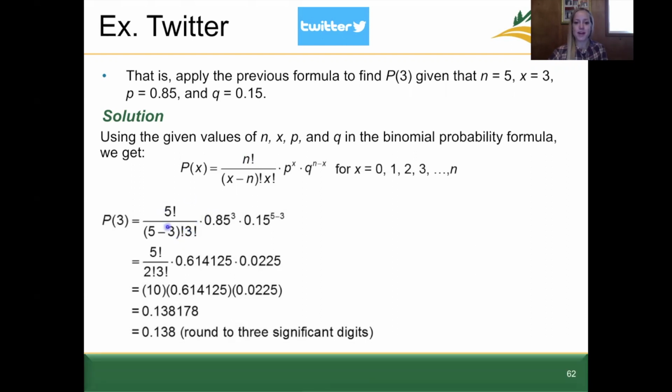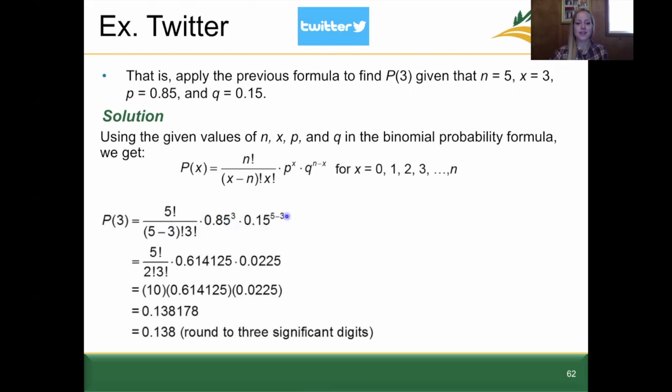We're going to multiply that by p raised to the power of x, where p is 0.85, x is 3. Then that is going to be multiplied by q raised to the power of n minus x. So q is 0.15. N minus x is 5 minus 3.